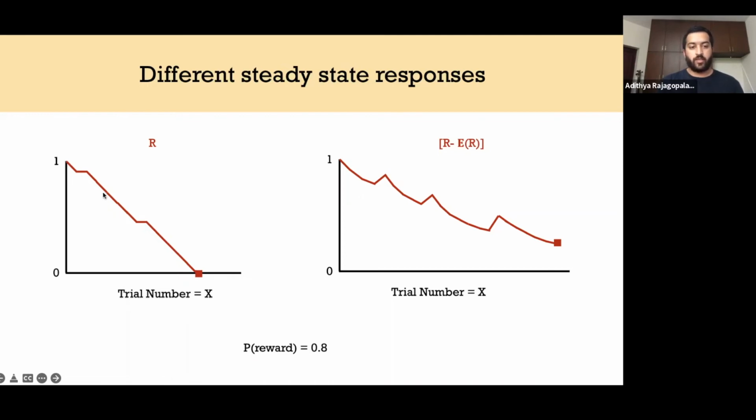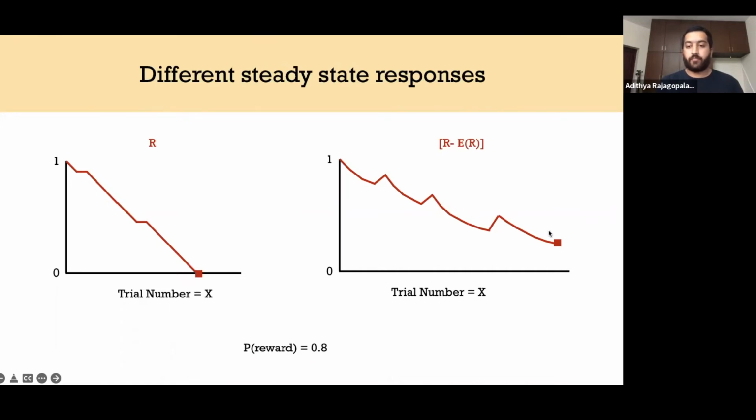As trials go by, you would see depression whenever the animal chose an option and was rewarded, and basically it stays the same when the animal chose the option and was not rewarded. Whereas when you have an R minus ER rule, you do see an increase whenever the animal chose an option and was not rewarded, depending on the expectation that the animal has for receiving reward.